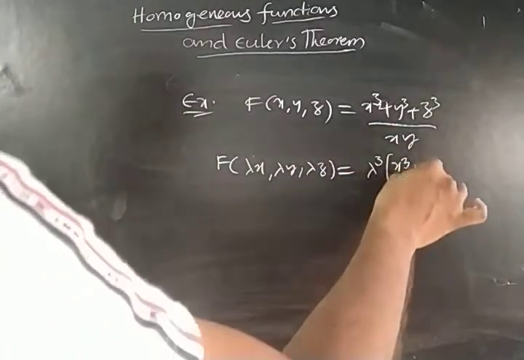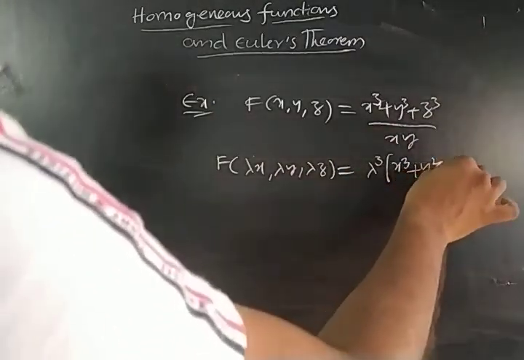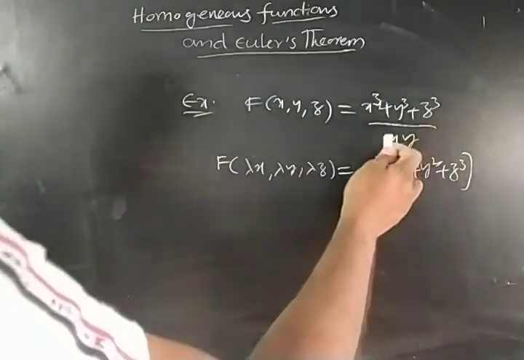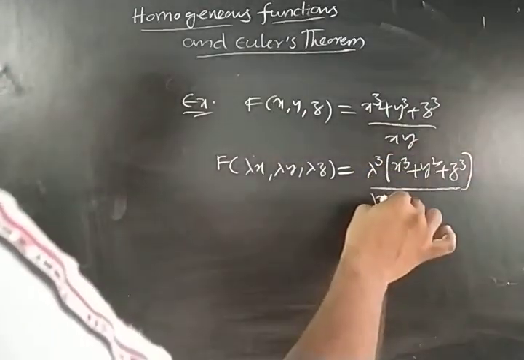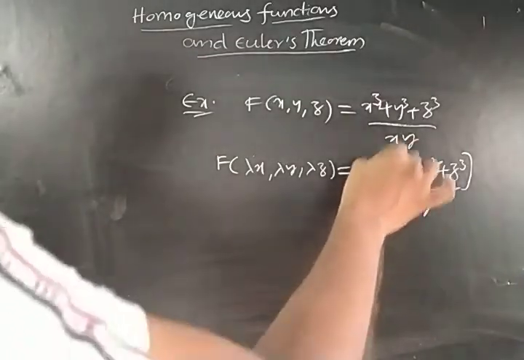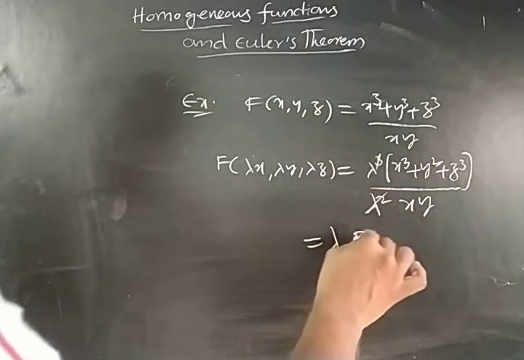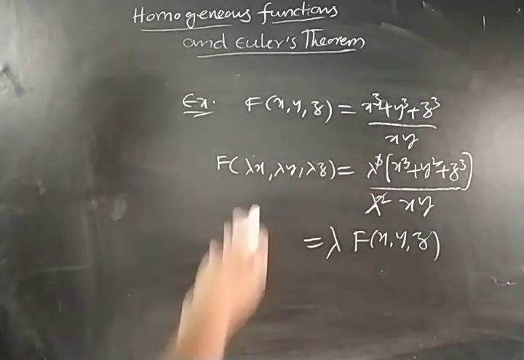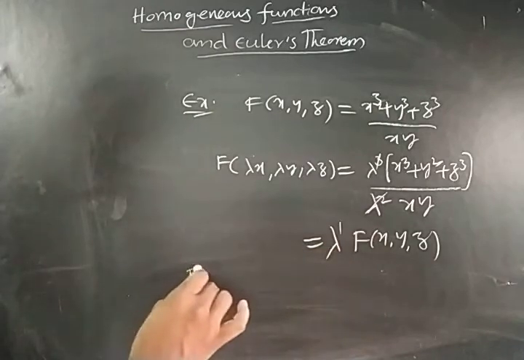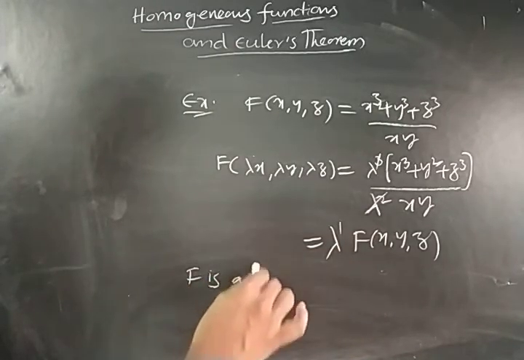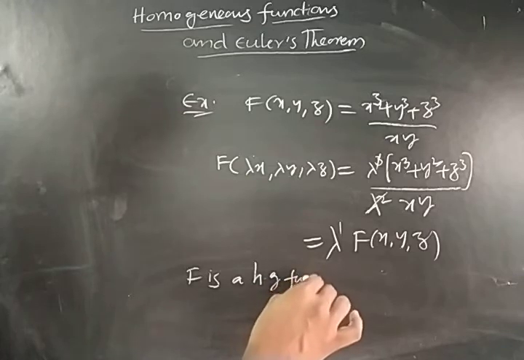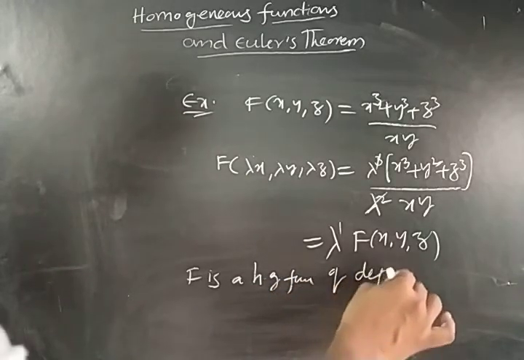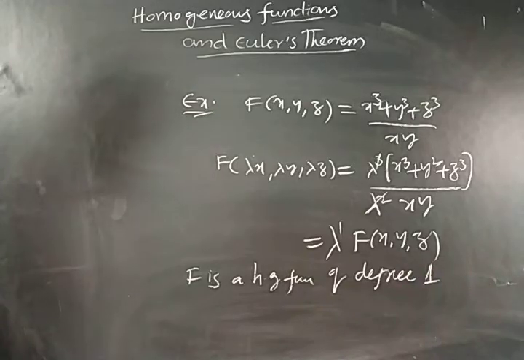By taking lambda cube common you get x cube plus y cube plus z cube, divided by lambda x into lambda y, which is lambda square xy. So two lambdas cancel, and this is lambda times f of x comma y comma z again. So this is also a homogeneous function of three variables, of degree 1.